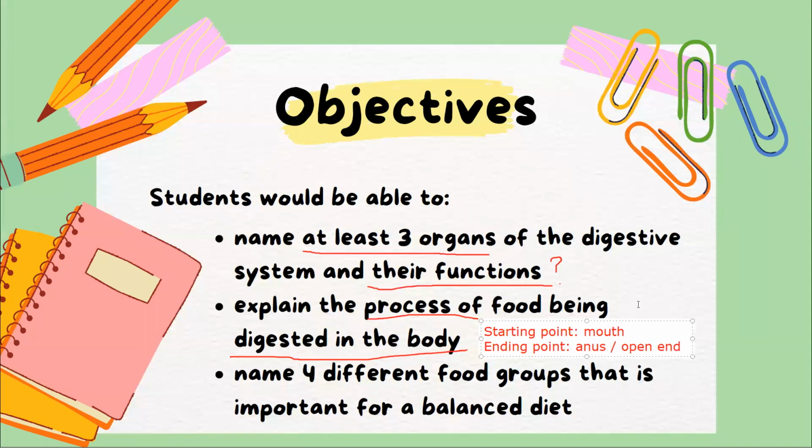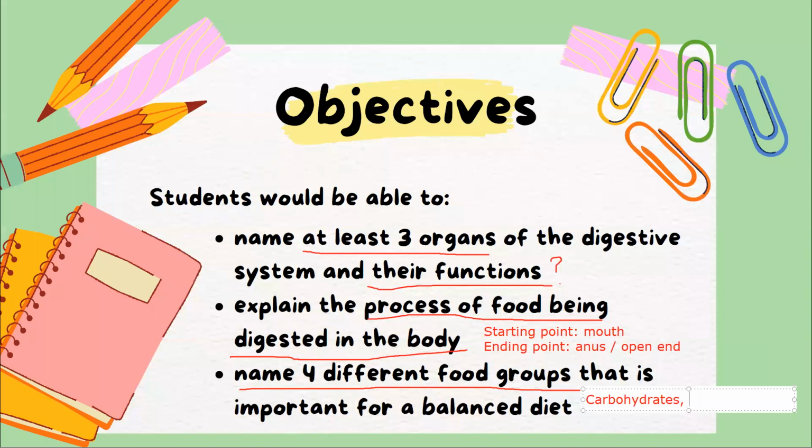Very good. Next, last but not least, you'll be able to name the four different food groups that are important for a balanced diet. Let's quickly recap. What are the four groups? Anyone? The most that we should eat is what? Starts with a C. Carbohydrates. Very good.